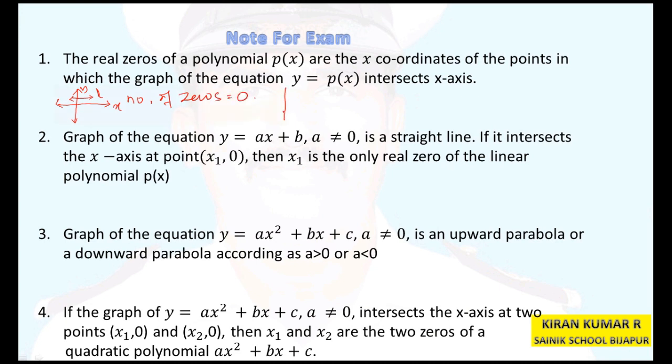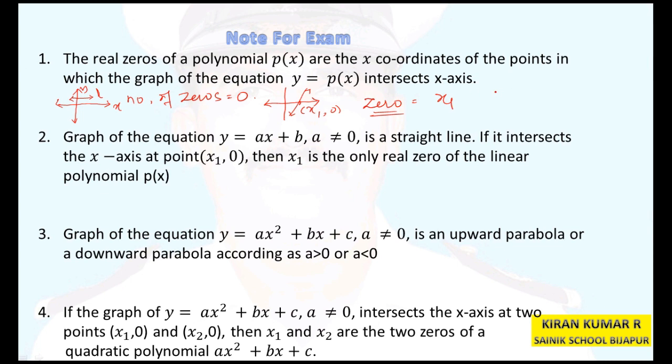We had other type of graph wherein it cuts the x-axis. If this point is say x1 comma 0, the x coordinate is the 0 of polynomial. 0 of the polynomial is x1.